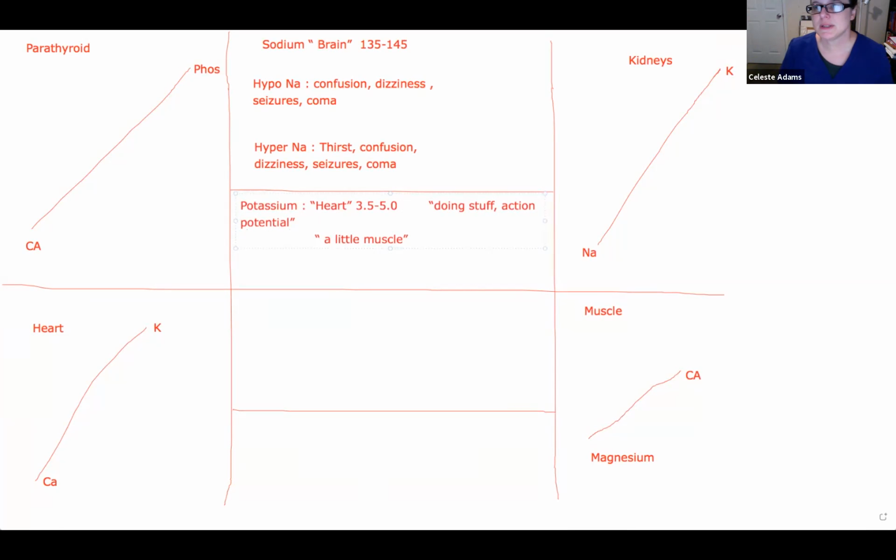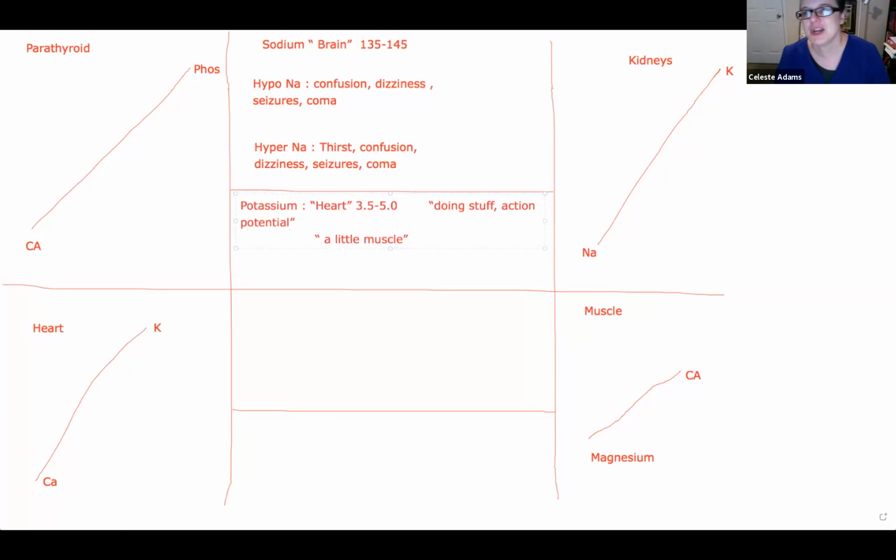Those symptoms that are not doing stuff or have little action potential are going to be on the low potassium side.